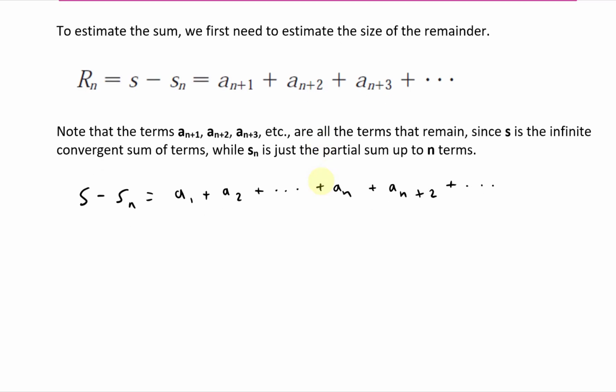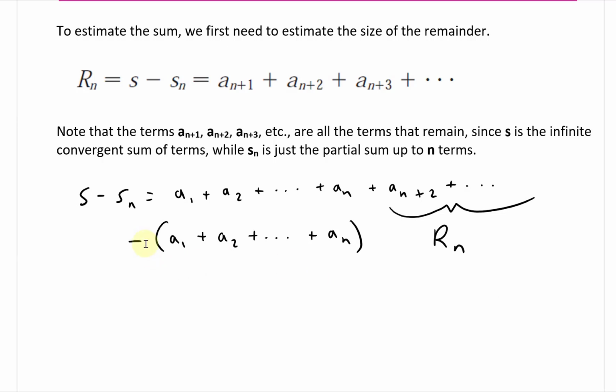Now we subtract the nth partial sum, which only goes up to n: a_1 plus a_2 plus dot, dot, dot up to a_n, and that's it. So this is the full sum, and this one is the partial sum. What remains afterwards is the remainder R_n, because all the matching terms cancel, cancel, cancel, etc. So that's all that remains.